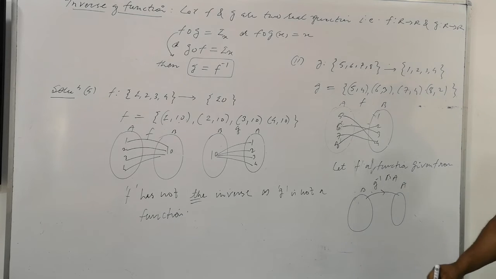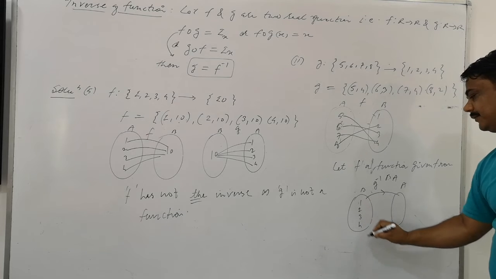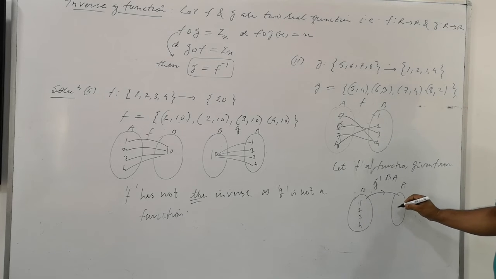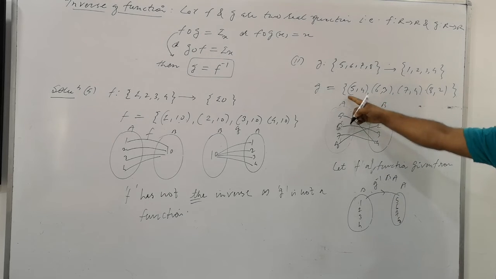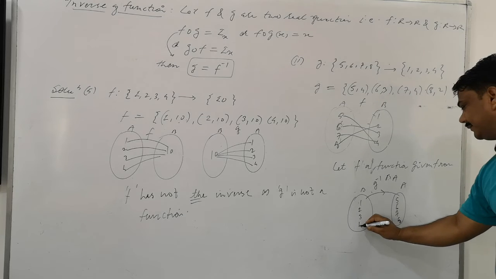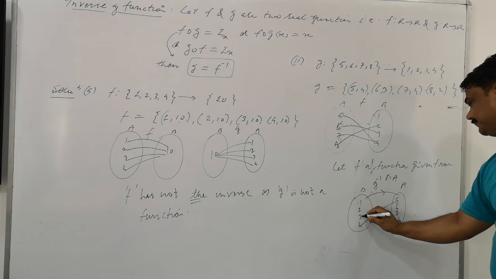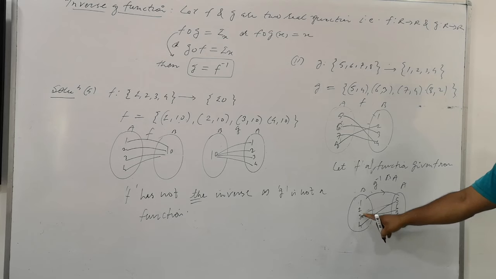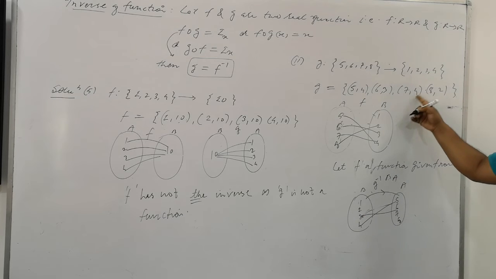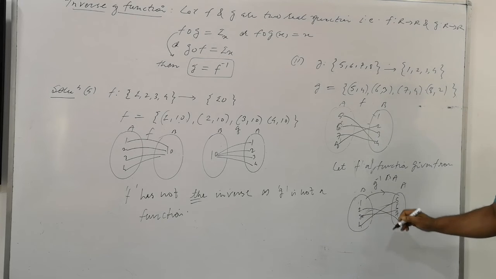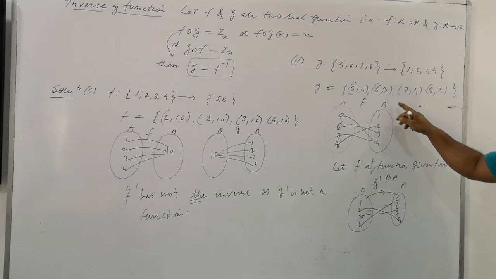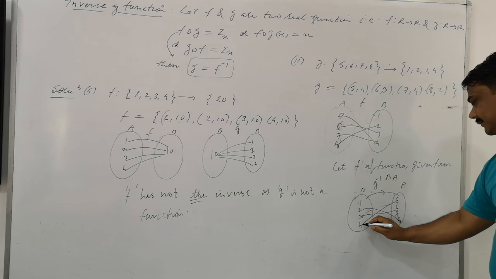Look please. 1, 2, 3, 4 and 5, 6, 7, 8. 4 is connected with 5, 3 connected with 6, 2 connected with 8, and 4 connected with 7.